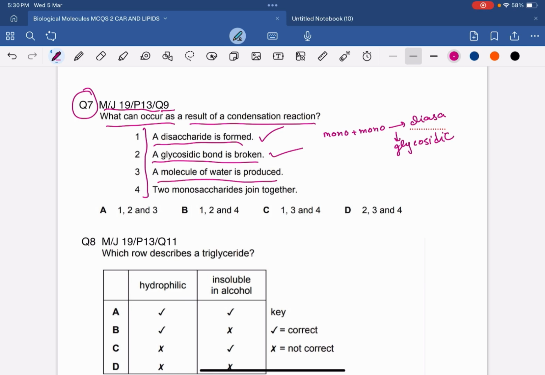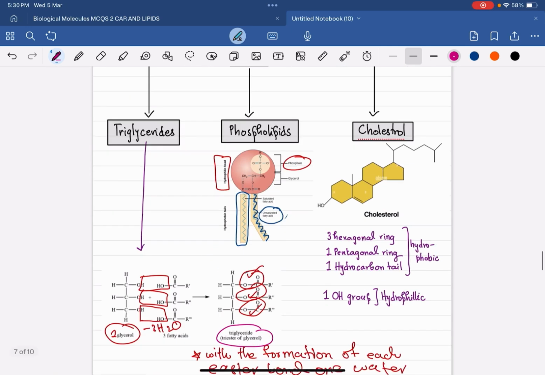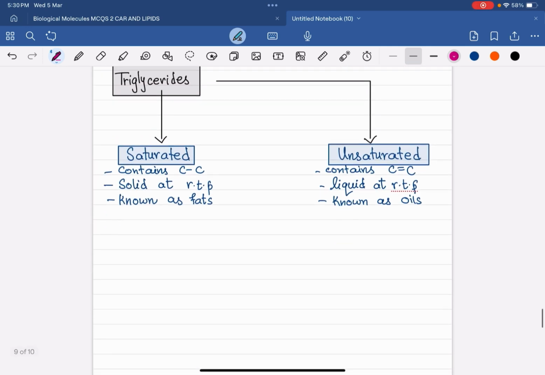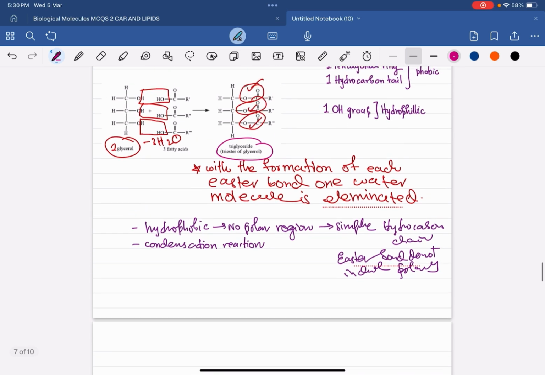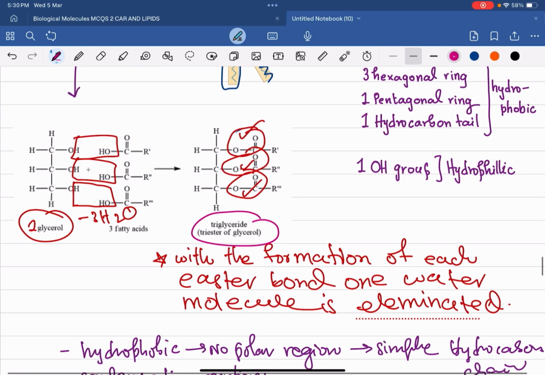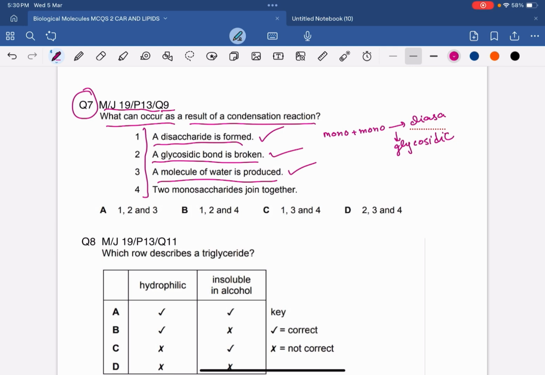A molecule of water is produced. Yes, in the condensation of the triglyceride also, the water molecule was being formed, right? So yes, the water molecule is obviously formed during the condensation reaction. Sorry guys, in statement 2 they are saying a glycosidic bond is broken.